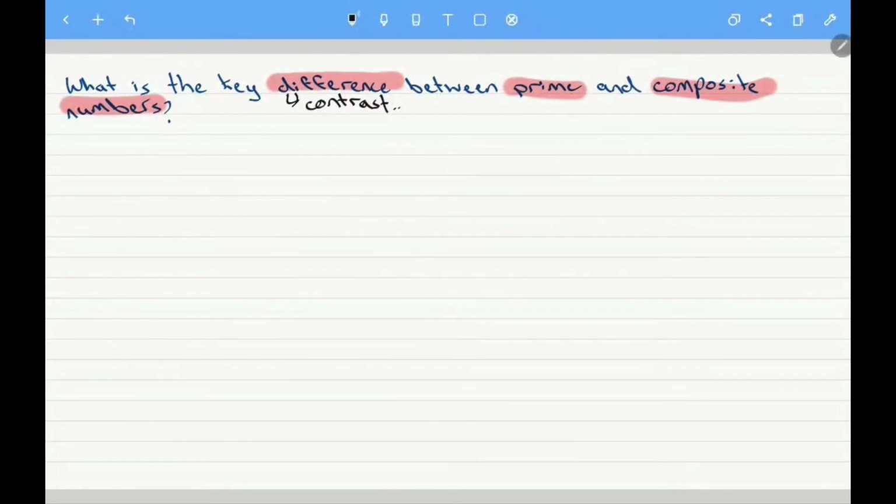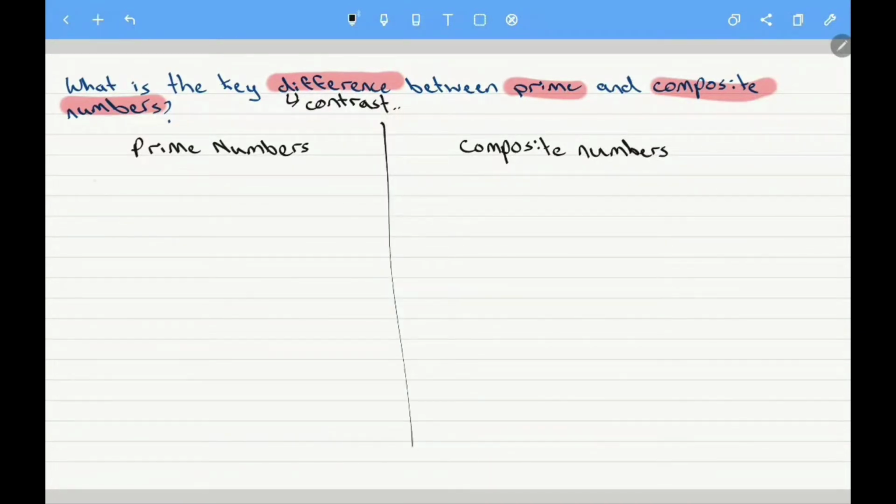So that is exactly how we're going to answer this question, by drawing up a table. So in this column, we're going to have prime numbers, and in this column we're going to have composite numbers. So draw up your table as so.